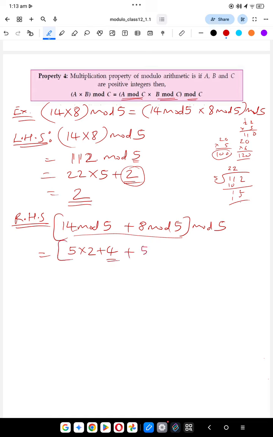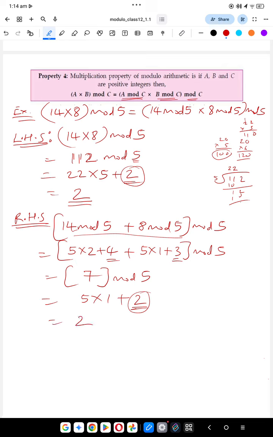And 8 is 5 into 1 plus 3. So here we have got 3. So 4 times 3 is 12, modulo 5 is nothing but 5 into 2 plus 2. So here we have got remainder 2 also. So we have verified LHS equal to RHS.